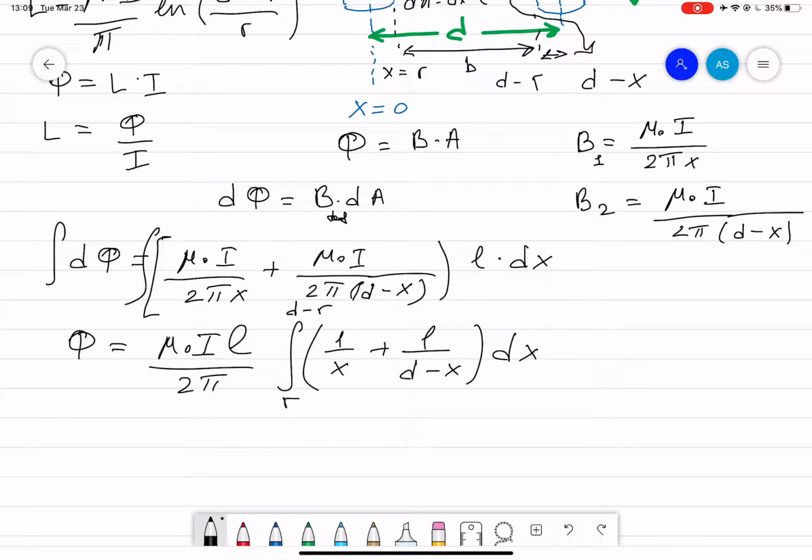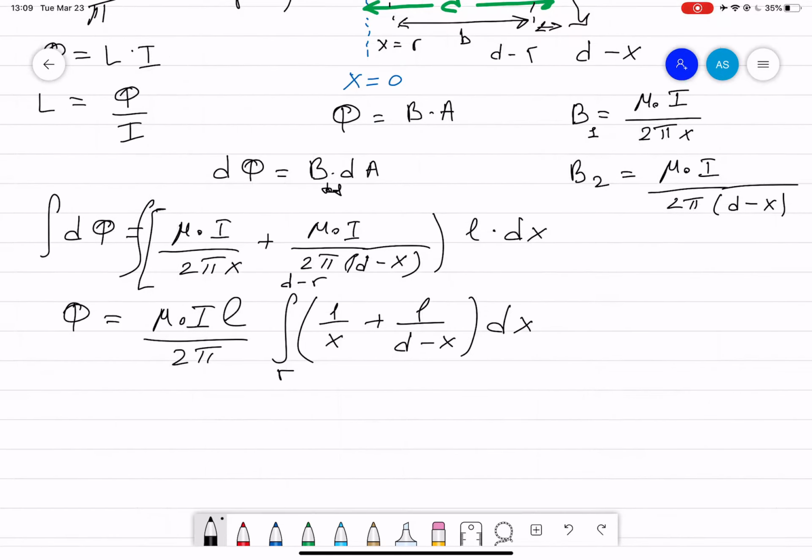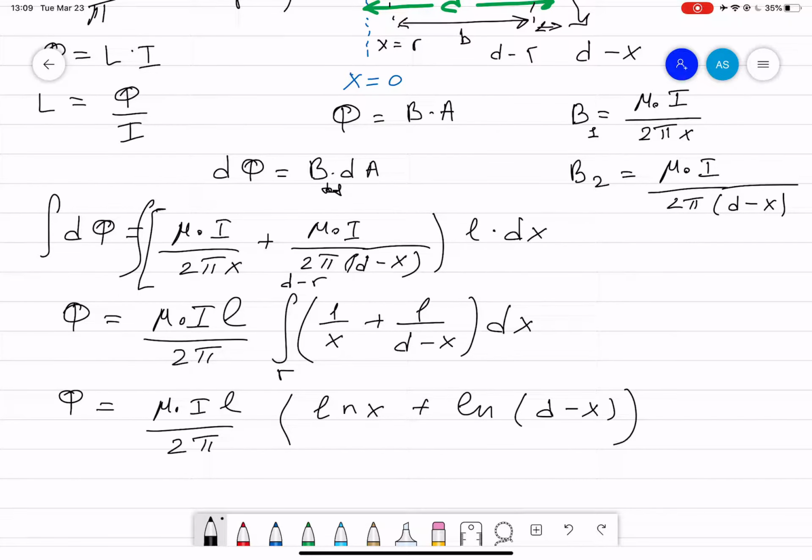Then the flux is equal to mu naught I L divided by 2 pi, times ln x plus ln (d minus x), with limits r to d minus r.